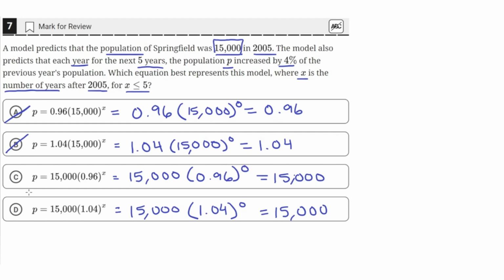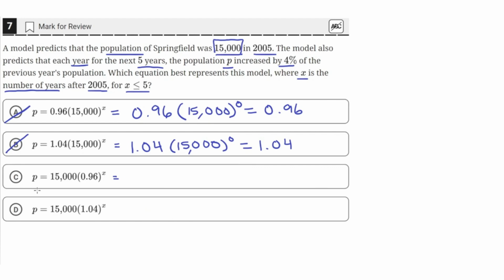Okay, so we have to choose between answer choice C and answer choice D. The next piece of information they gave us was that the population P increases by 4% every year. So at year 1, we should see the population go up by 4% from this 15,000.